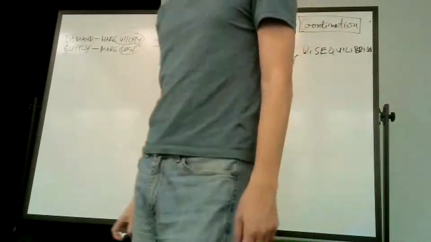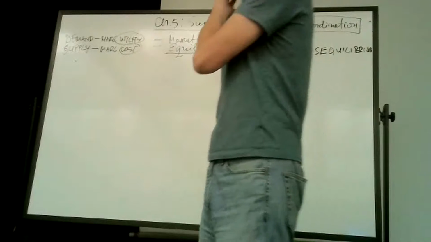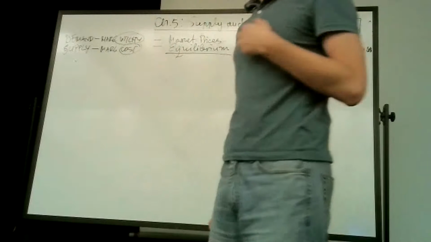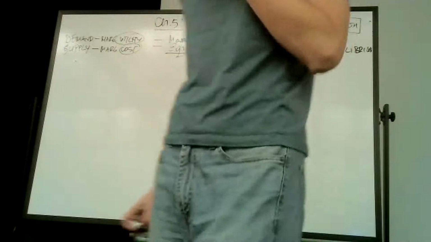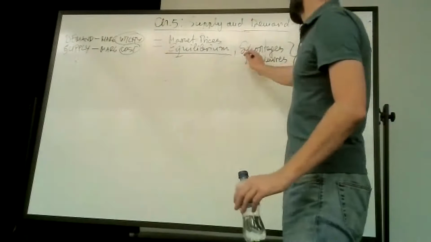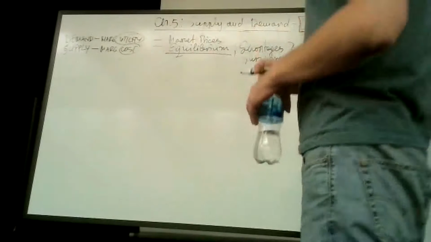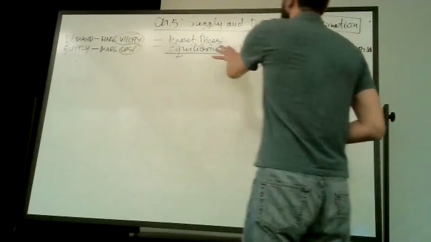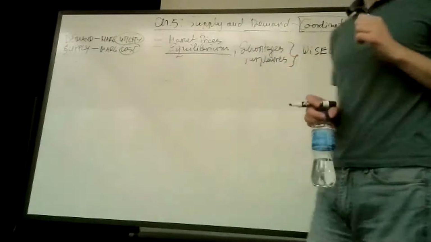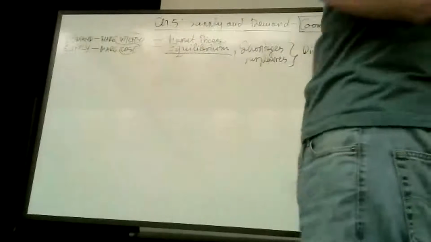Disequilibria are the situations where there is a difference between supply and demand. And there are two types of disequilibrium: surplus and shortage. And we're going to try and understand how this whole system works, how supply and demand come together.